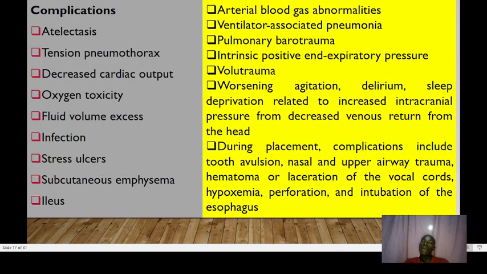So we have several complications of mechanical ventilation. It's not a clean procedure per se. Carrying out this procedure could result in several even life-threatening complications like atelectasis and tension pneumothorax, which can be so deadly.